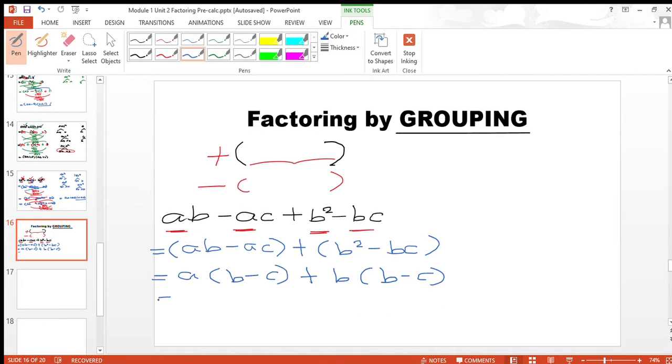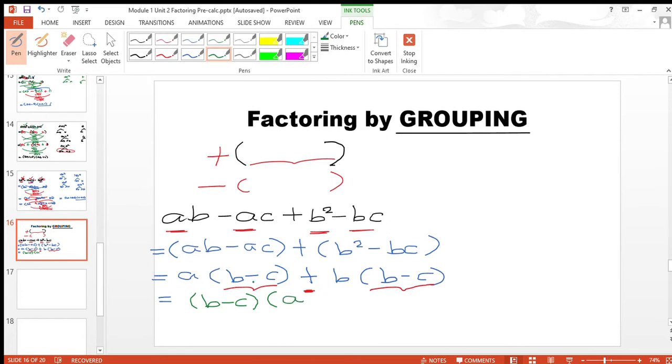Then after doing that step, you will find in the resulting expression that B minus C being grouped together is a common factor for the resulting polynomial. Thus, applying common monomial factor or applying type 1 of factoring, we can now factor out B minus C. So if we factor out B minus C, A times B minus C, if we divide it by B minus C, that should leave us A. Right?